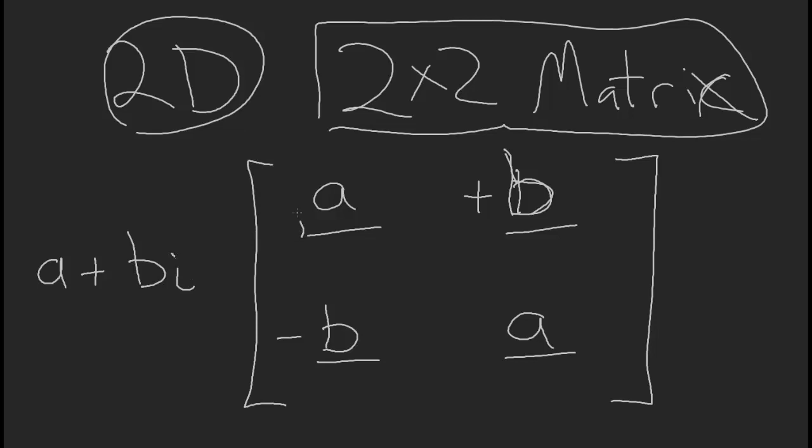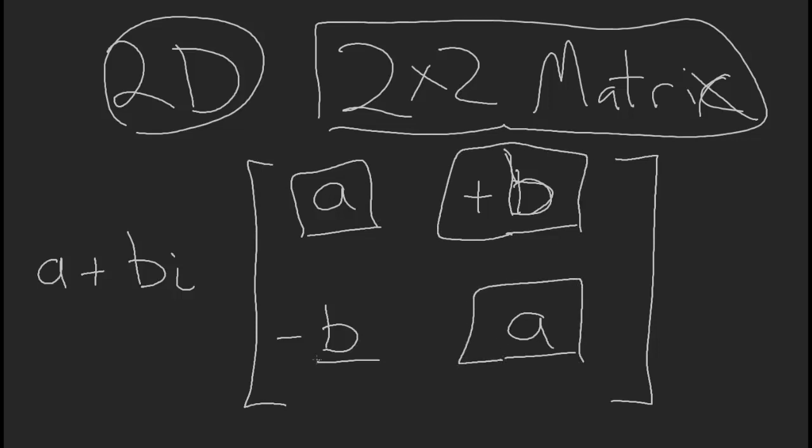Okay, so you've got 4 entries in your matrix. You've got 2 unique values, A and B. Okay, on the forward diagonal, the values have the same sense. You can see if this is positive, this has to be positive. If this is negative, that has to be negative.